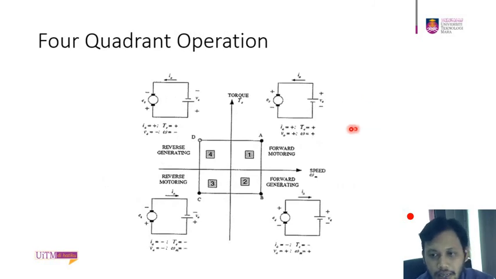So again we look into the 4-quadrant operation, which we have done previously. You can see in this case the x-axis is speed and the y-axis is torque.